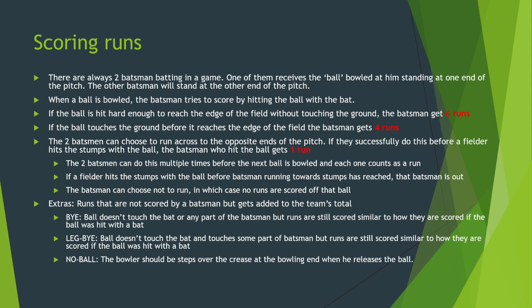So if the ball didn't hit the bat, but still the ball rolled over the boundary rope, the team still gets 4 runs. The difference between extras and what we saw before is that the extra runs accrue to the team but not to the batsman. Runs accrue to the batsman only if the batsman hits the ball with his bat and proceeds to score those runs.